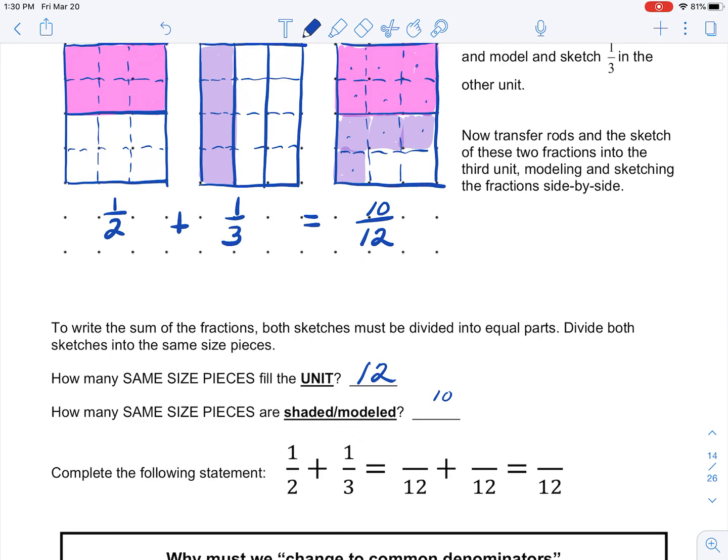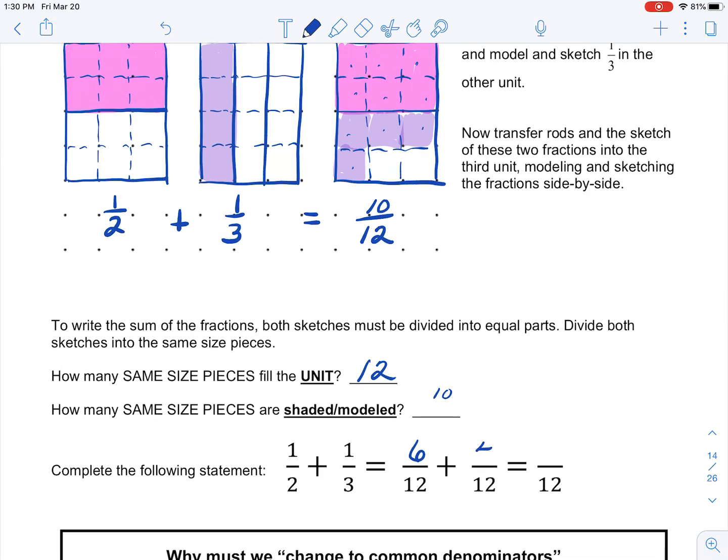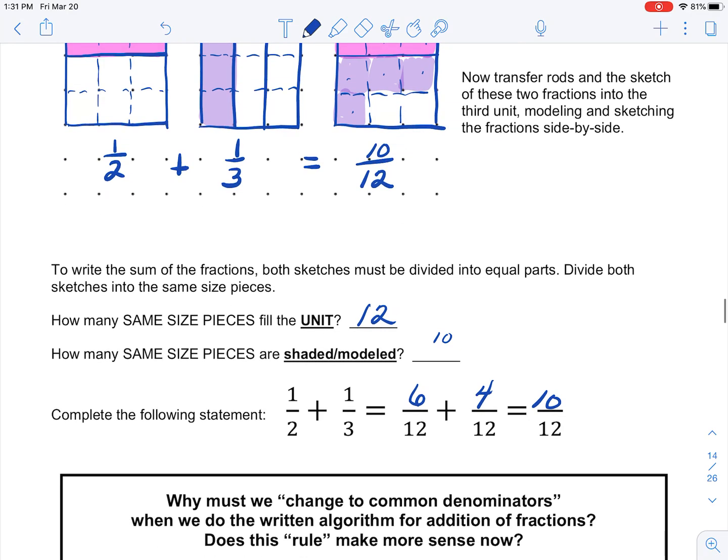So you could say that 1/2 plus 1/3 is 6 twelfths plus 4 twelfths. That's what I have in my first model. And then the 1/3 turned into 4 twelfths, and together it is 10 twelfths. So 12 is not the least common denominator, but it is a common denominator for 1/2 and 1/3.